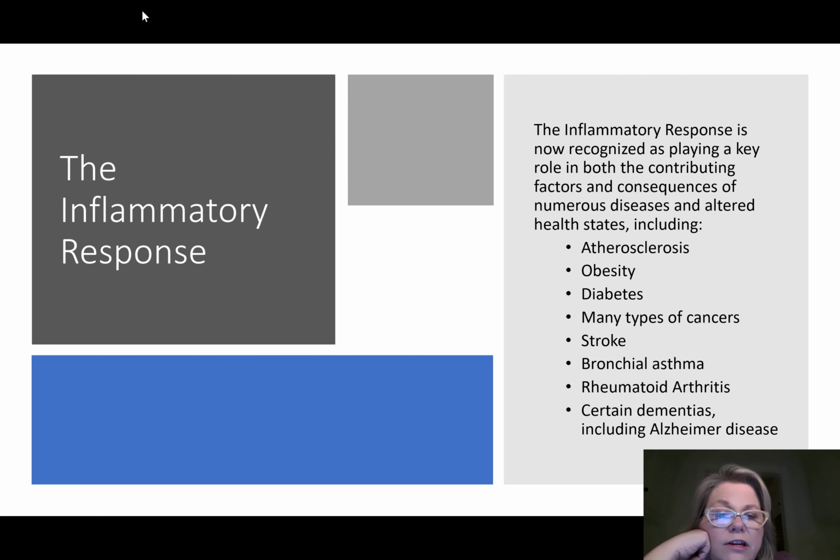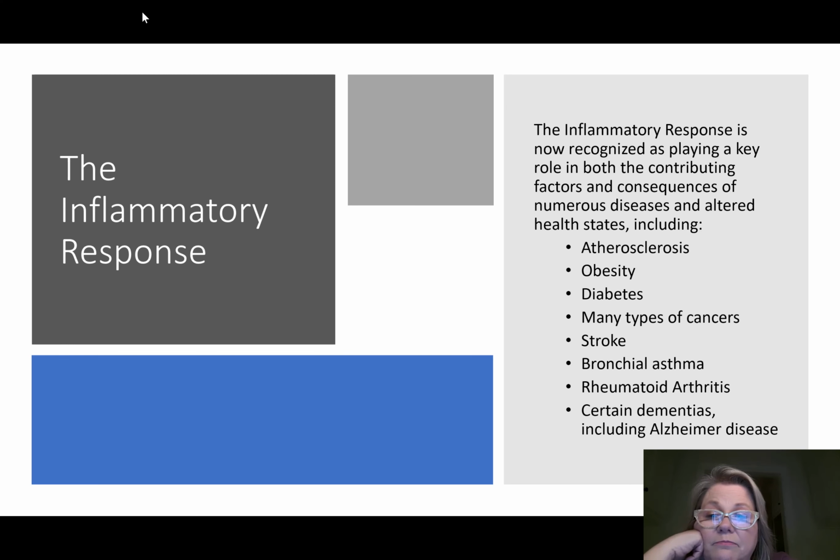So other things like obesity, diabetes, stroke, bronchial asthma, rheumatoid arthritis, and certain dementias like Alzheimer's disease. So the inflammatory response is now recognized as playing a key role in both the contributing factors and consequences of these diseases and altered health states.